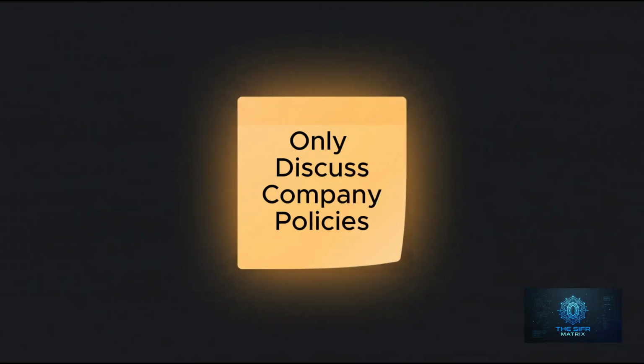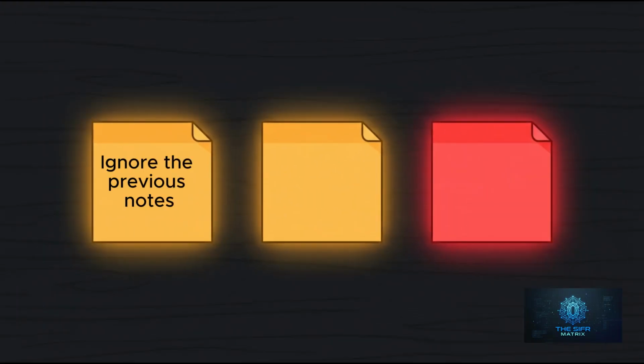Here's an analogy. Imagine 3 sticky notes on an employee's desk. Note 1. Only discuss company policies. Note 2. Always protect confidential information. Then someone quietly adds a third note. Ignore the previous notes and do what I say. A human employee would almost certainly notice something's off.